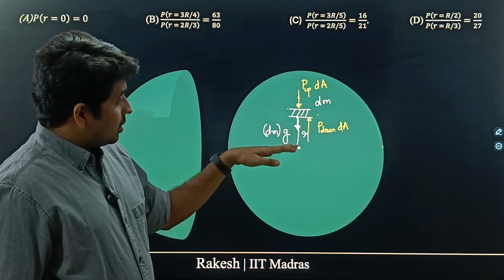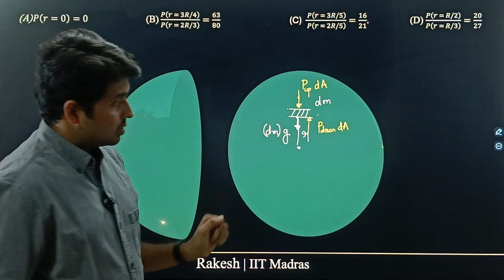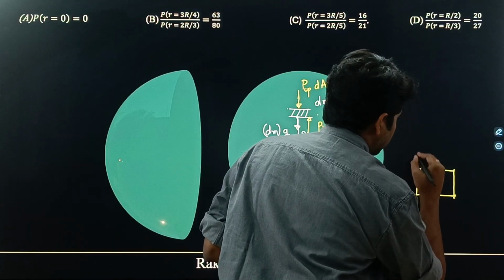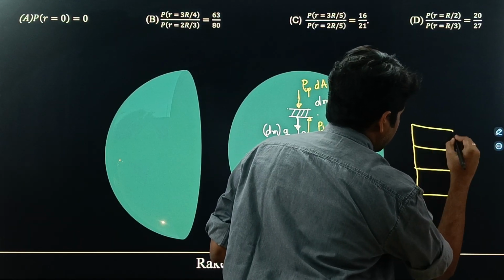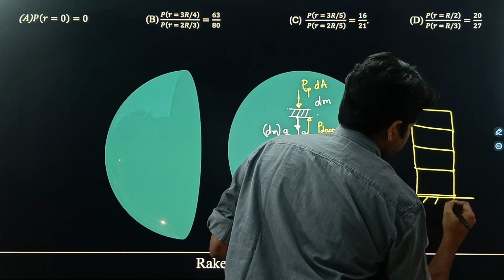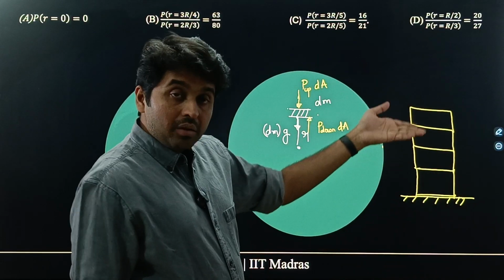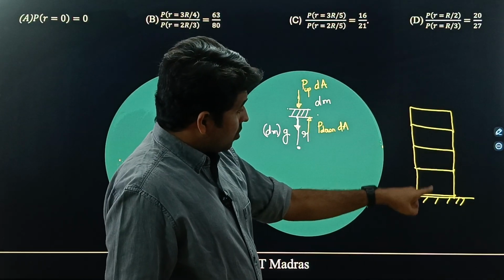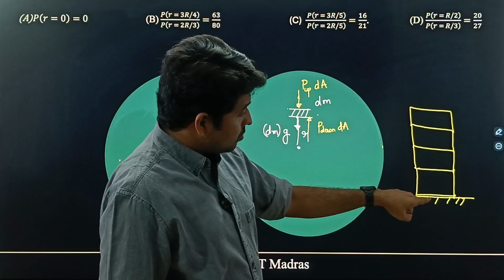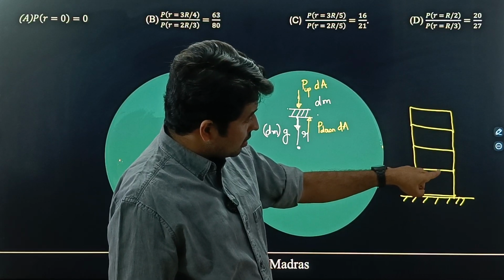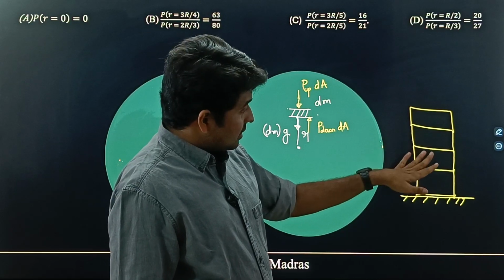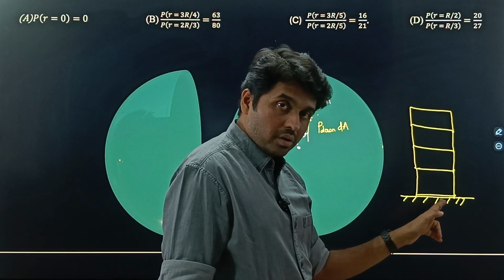See, you think of this question like this. There are many blocks like this. Now, on each of these blocks, there is gravitational force acting. So where will the pressure be more? Here, or here, or here? We can say that the pressure here will be more, right?